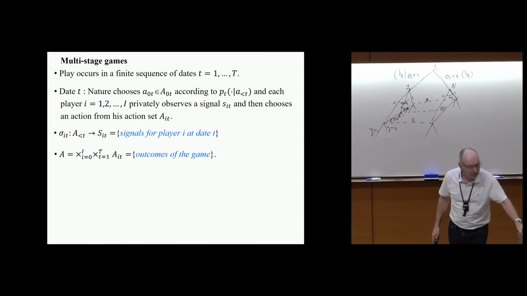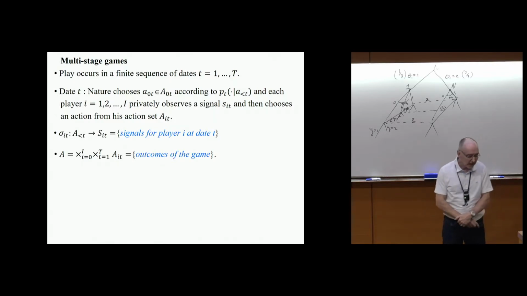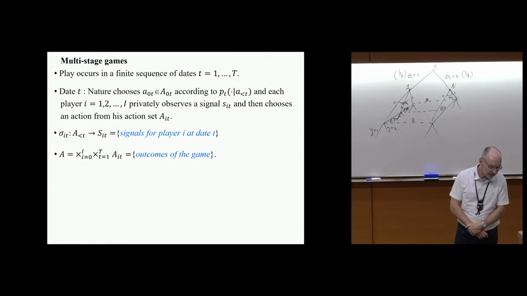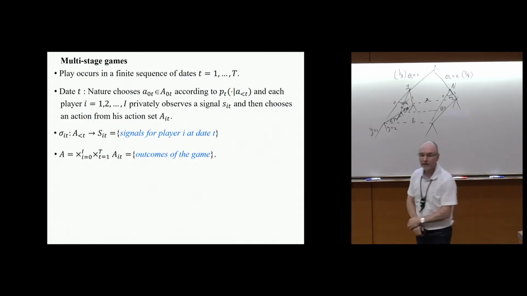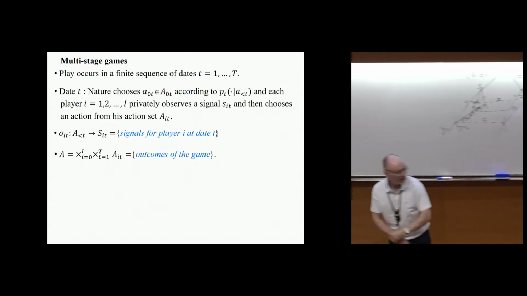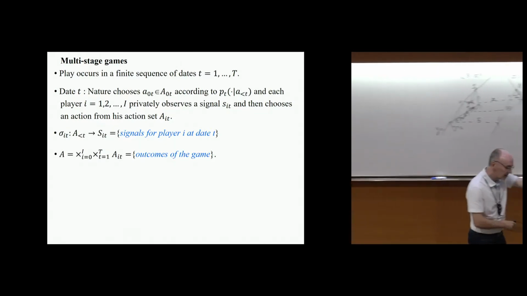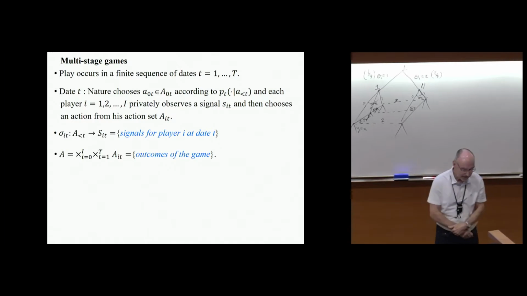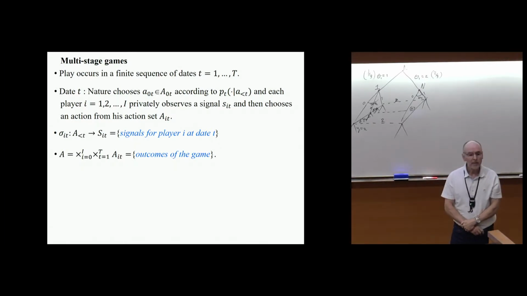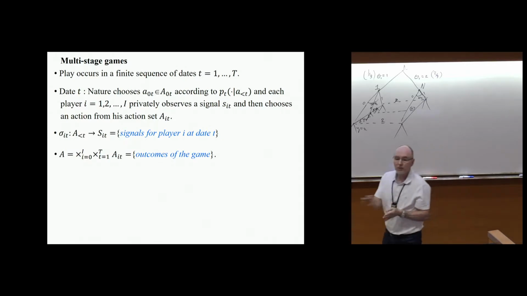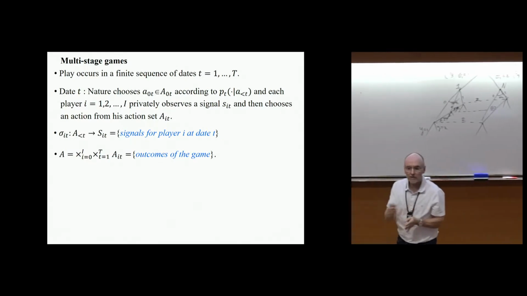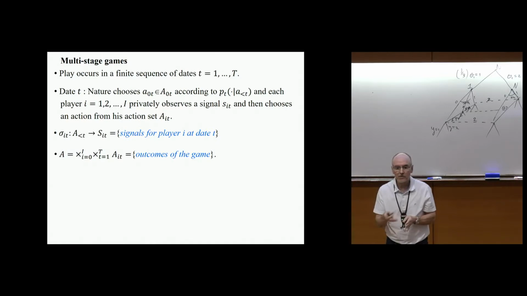Where do these signals come from? Well, there's a mapping sigma_it that takes a history, any history of play, and maps that into a signal for you, player i at date t, and for each of you, player i's at date t. So for example, if that signal map was a constant, it would mean that you know nothing about the history of play, because you get the same information no matter what the history is.